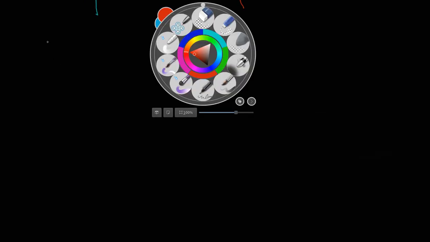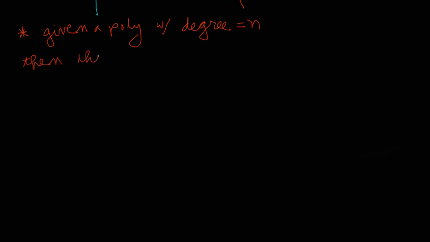So let's say, given a polynomial with degree n, so it's an nth degree polynomial, then the maximum number of real zeros is equal to n.